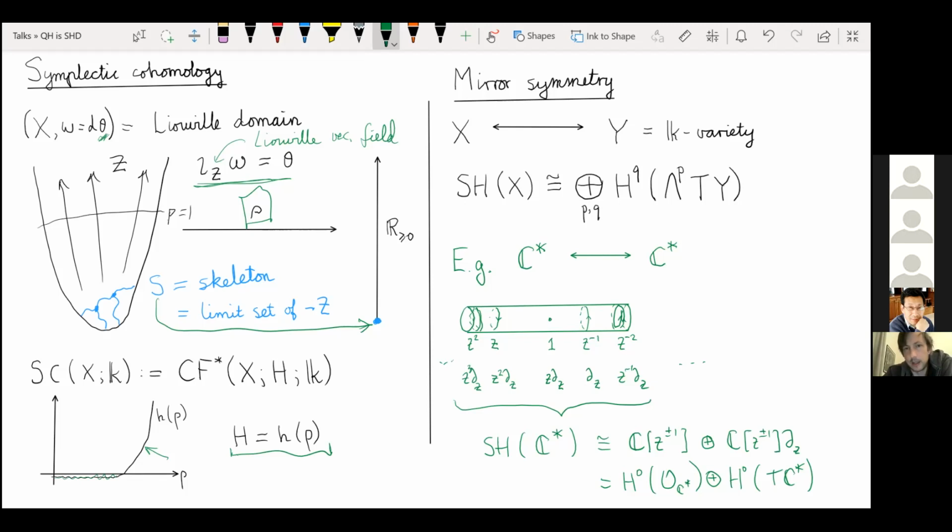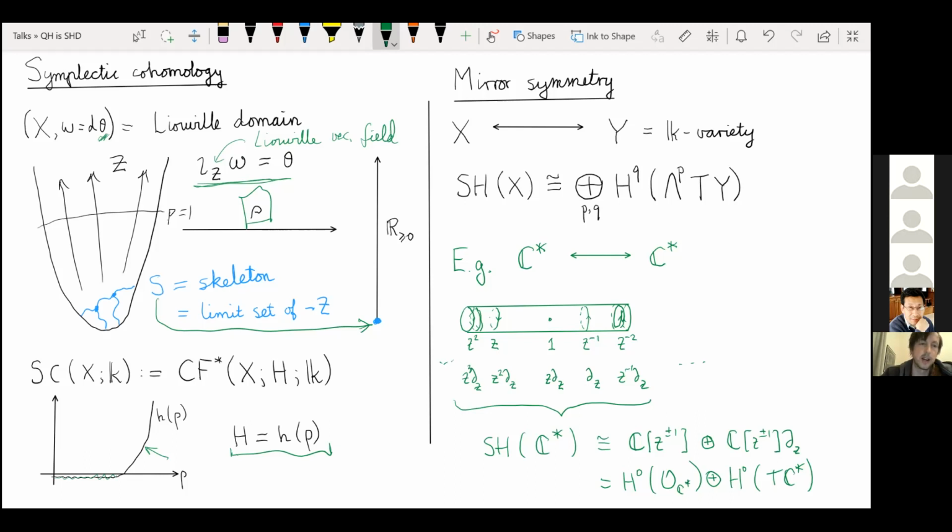And this symplectic cohomology also fits into mirror symmetry. In many cases, the mirror to X, a Liouville domain like this, so an affine variety carries a canonical up to deformation structure of a Liouville domain.